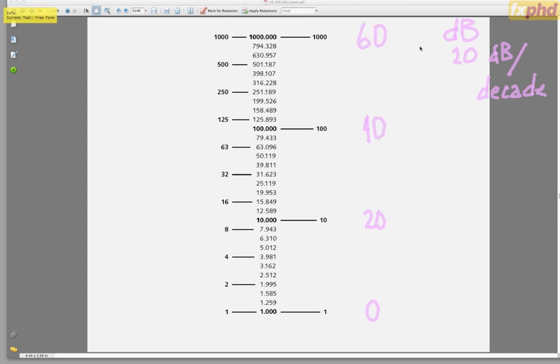And when RED tells you that they think that their RED One has got a 66 dB dynamic range, these are the numbers that they're talking about. So 6 dB corresponds to a stop, and 20 dB corresponds to a decade. So that's sort of lab science stuff for you.